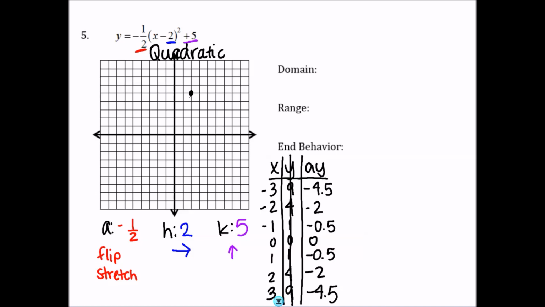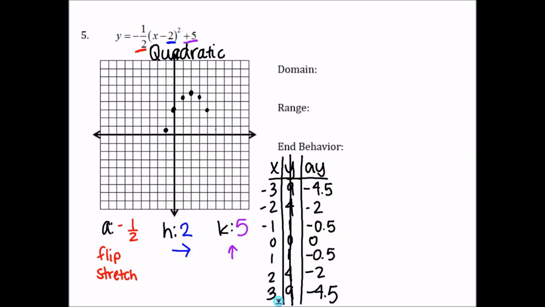So from my starting point HK, I'm going to go 3 to the left and down 4.5. Then 2 to the left and down 2. 1 to the left and down 0.5. 1 to the right and down 0.5. 2 to the right, down 2.